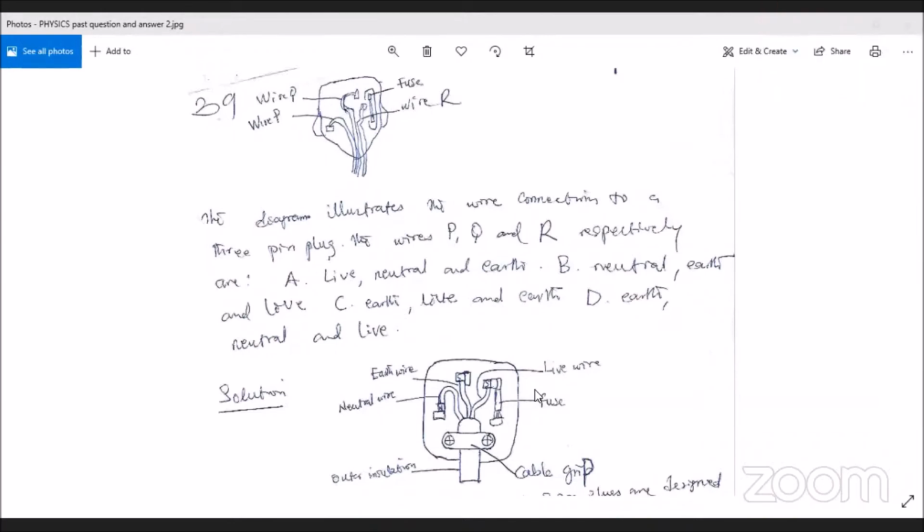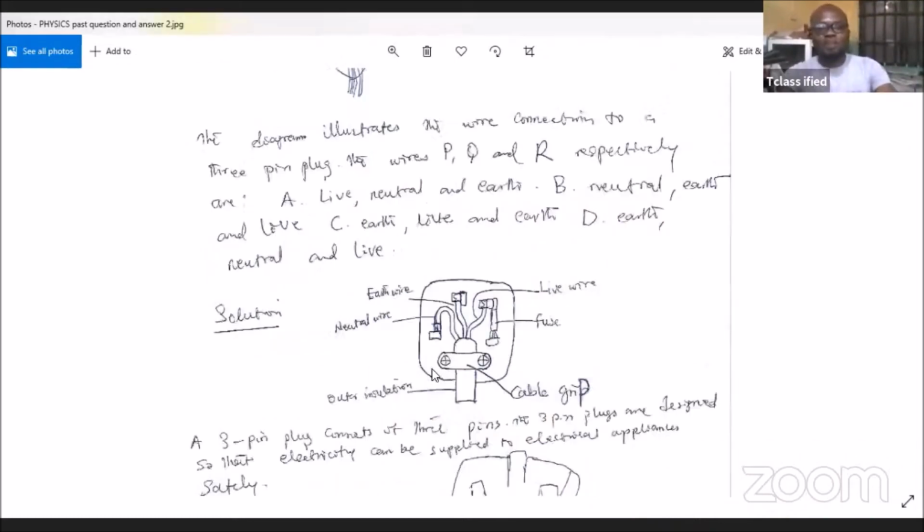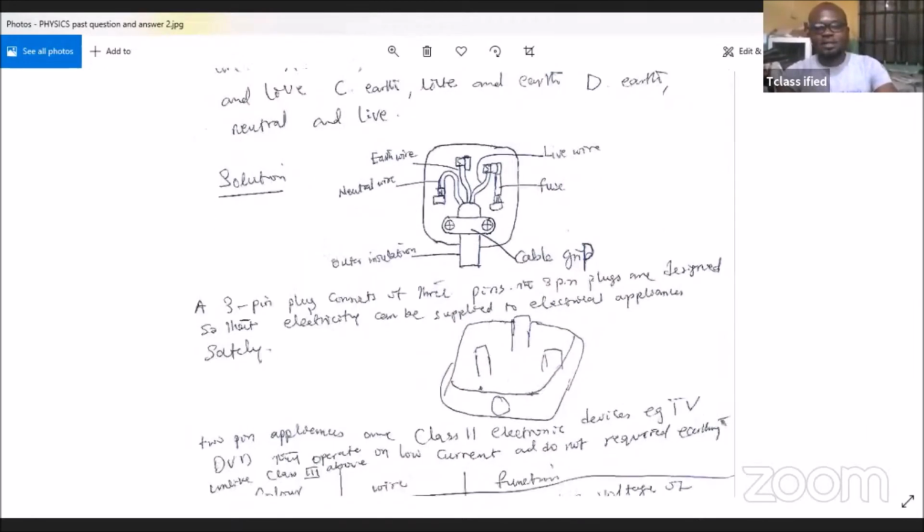B. B, okay. So that is the answer already, but to put this more into perspective, this is your 3-pin that you normally plug in. Most devices are connected to this 3-pin plug.